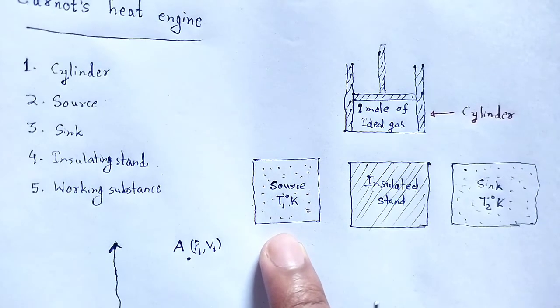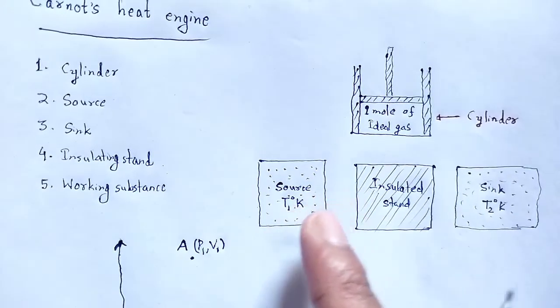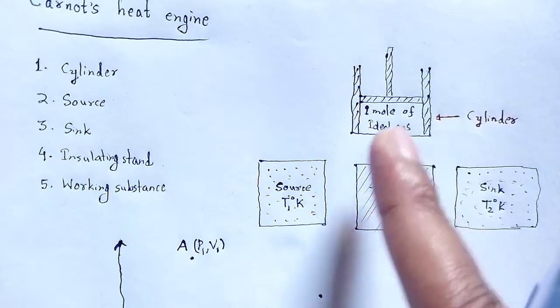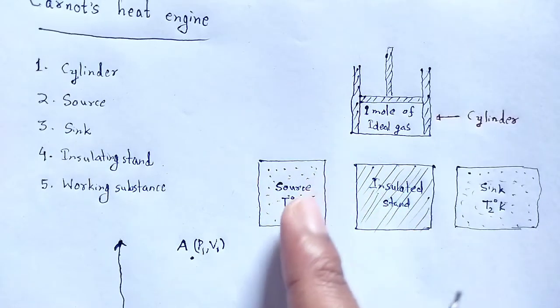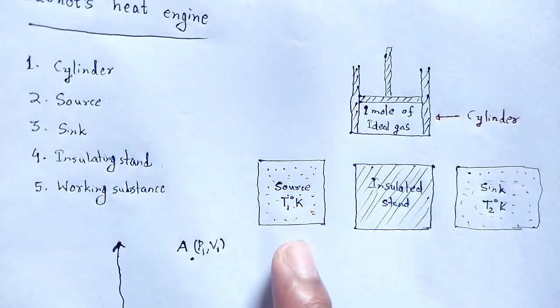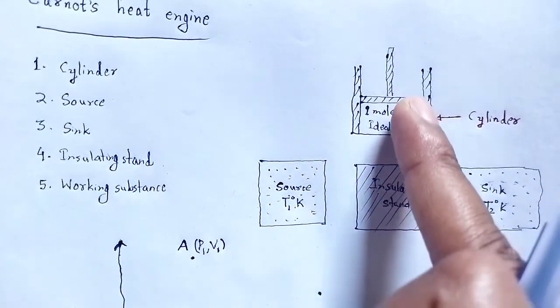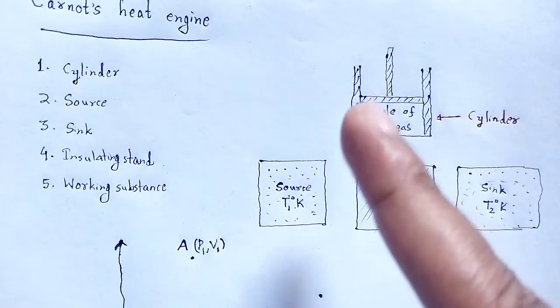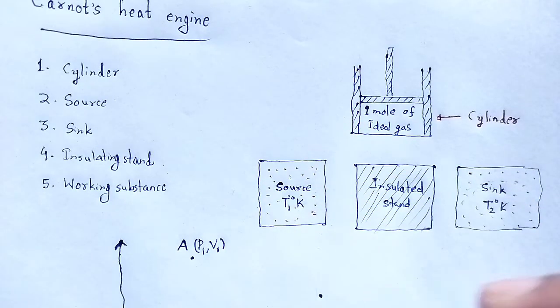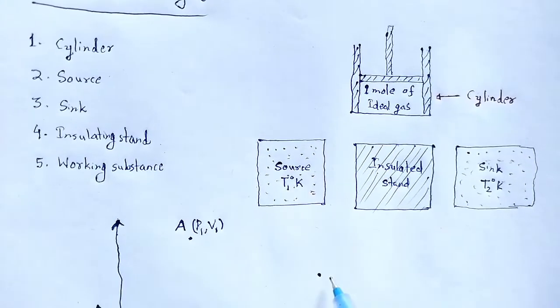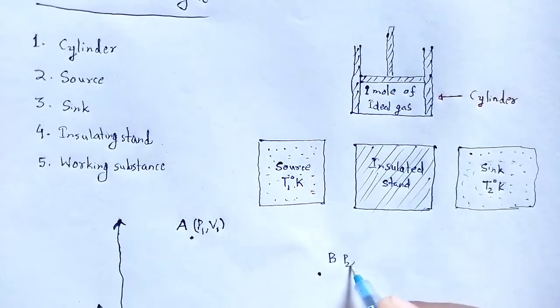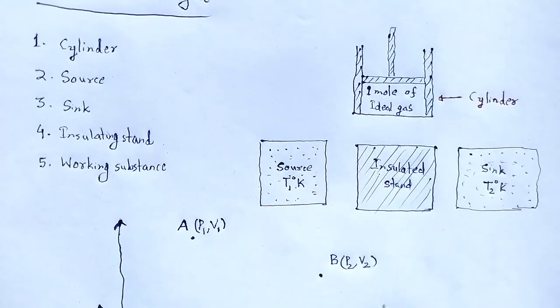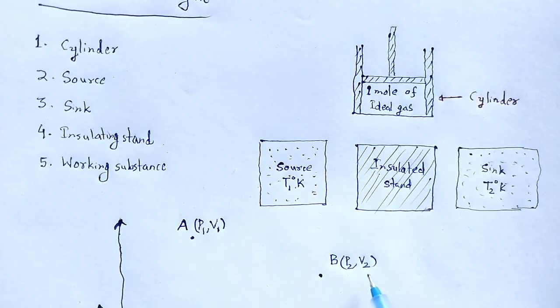So when the cylinder is placed on the source and the ideal gas acquires the temperature T1 degree Kelvin, the gas is allowed to expand quasi-statically, and the piston moves slowly and slowly upward till the gas reaches point B, acquiring pressure P2 and volume V2.